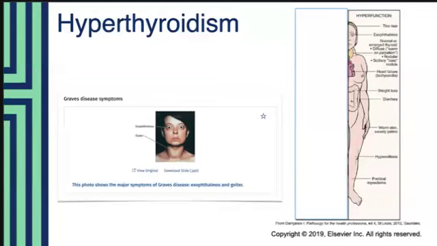Addison's disease, or primary adrenal insufficiency, is caused by dysfunction or destruction of the adrenal cortex, and that leads to the deficient production of glucocorticoids or cortisol and aldosterone. Some key characteristics include fatigue, muscle weakness, weight loss, hyperpigmentation of skin, and even salt cravings, hypotension, and electrolyte imbalances like hyperkalemia and hyponatremia.